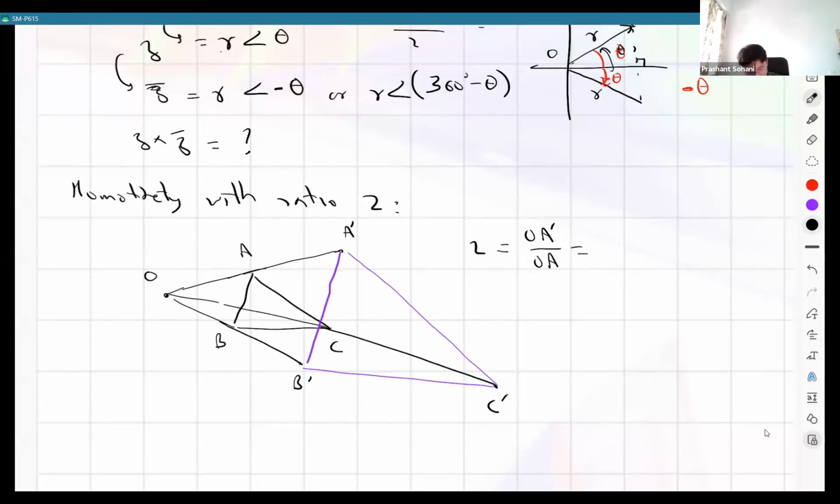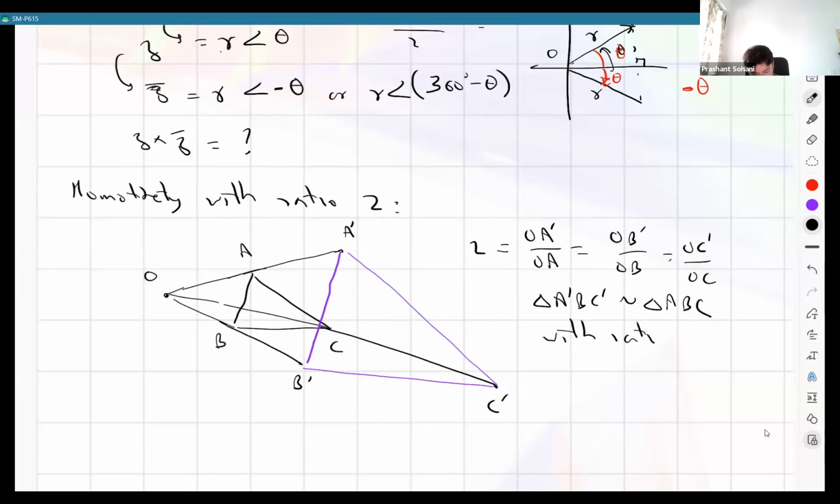Therefore, you can say that triangle A dash B dash C dash is similar to triangle ABC with ratio 2 is to 1.